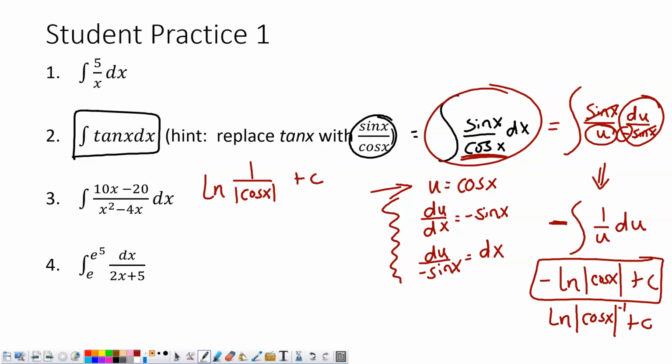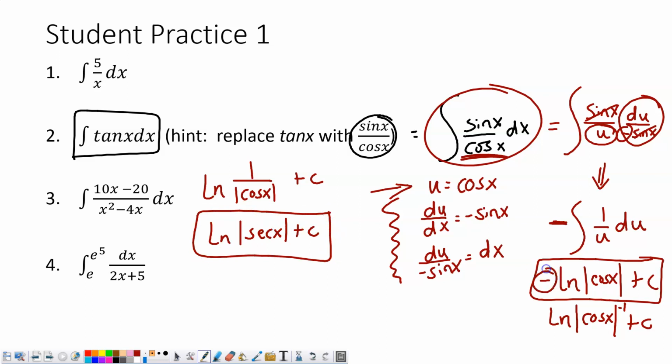And what's 1 over cosine? So you could write your answer like that, technically. So the negative can be a power, which makes a reciprocal, which makes secant. So just messing around with some different options.